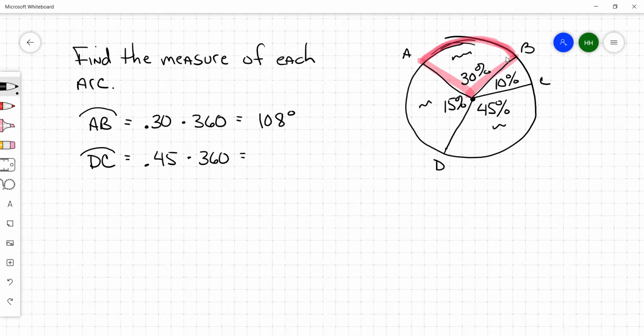And that's 162 degrees. Get the idea? Whether it's a minor arc or a major arc, convert the percentages to an angle measure in relation to 360 degrees, because these all sum to 100% of 360 degrees.